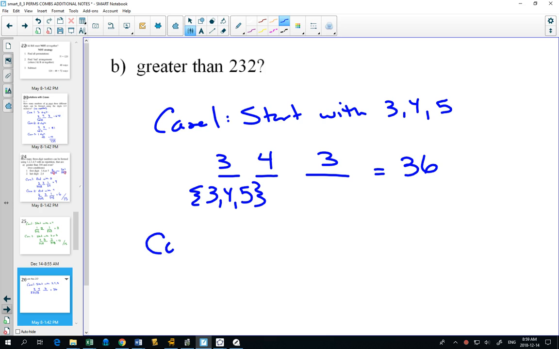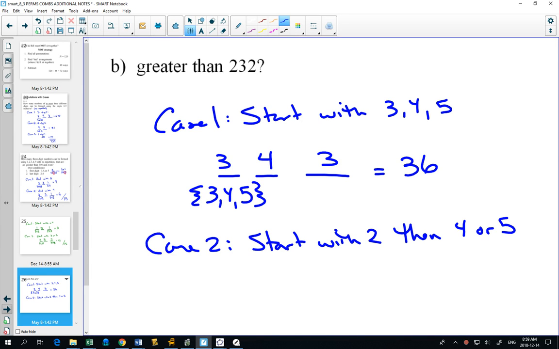Case 2. What haven't we counted? We didn't count any numbers in the 200s. So if I start with a 2, and then when I go to my second digit, I say, what would guarantee that it would be bigger than 230? Well, if I started with a 2 and then did a 4 or a 5, that would count my numbers in the 240s and 250s.